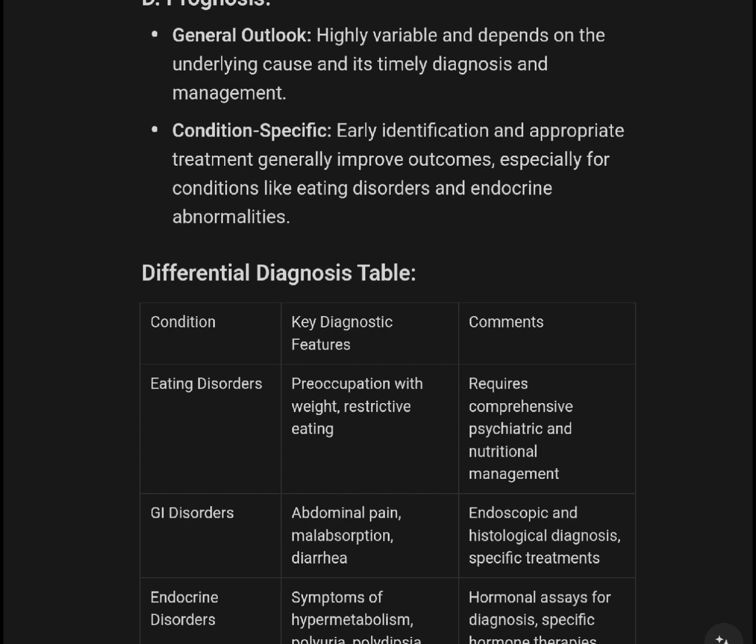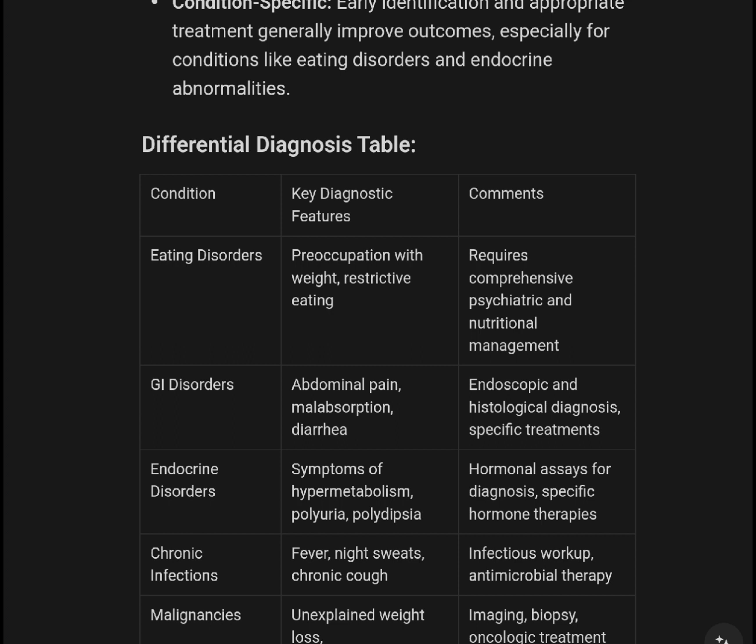Differential diagnosis table. Eating disorder: preoccupation with weight, restrictive eating; requires comprehensive psychiatric and nutritional management. GI disorder: abdominal pain, malabsorption, diarrhea; endoscopic and histological diagnosis, specific treatments. Endocrine disorder: symptoms of hypermetabolism, polyuria, polydipsia; hormonal assays for diagnosis, specific hormone therapies.